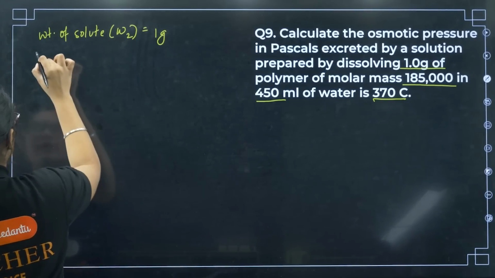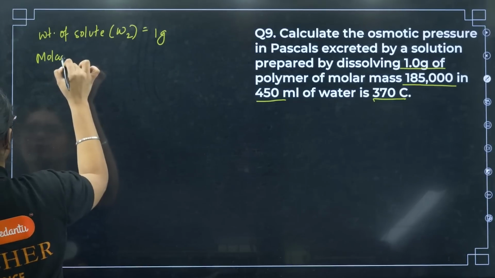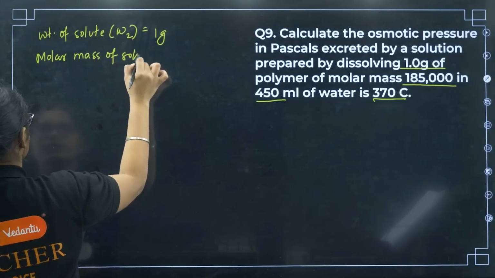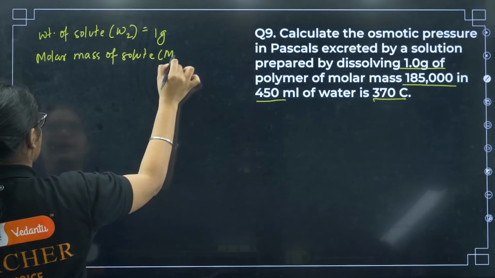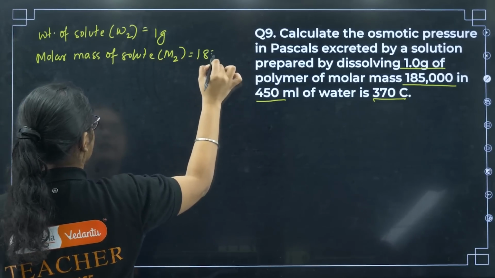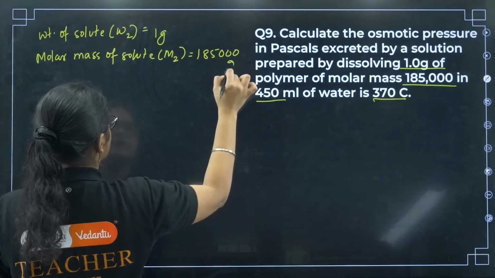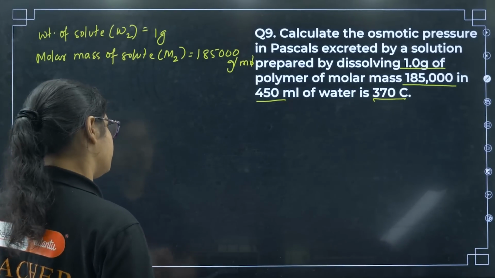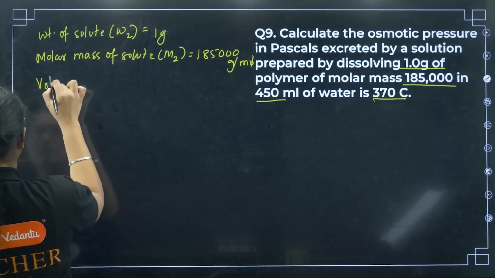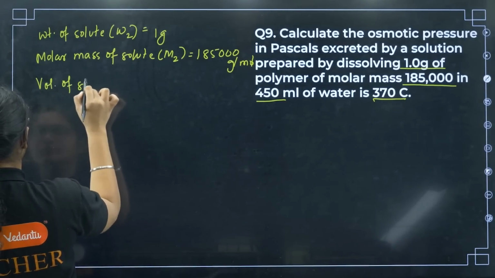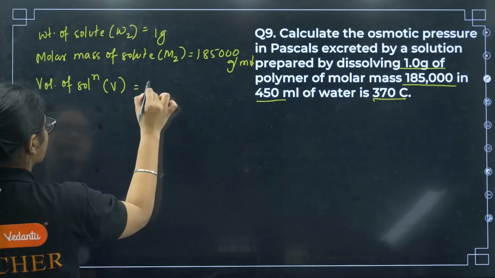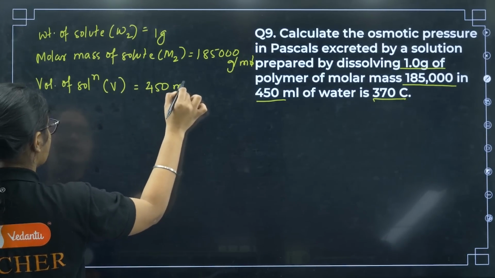Next I have molar mass of solute, M2, that is 1,85,000 gram per mole. Next we have 450 ml of water, so I can write volume of solution V is equal to 450 ml.